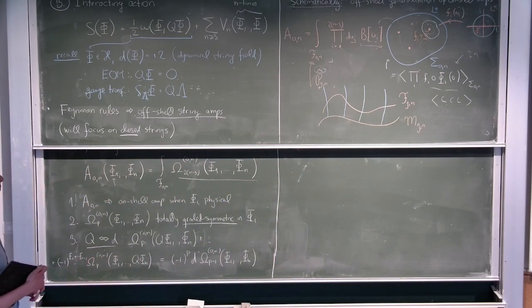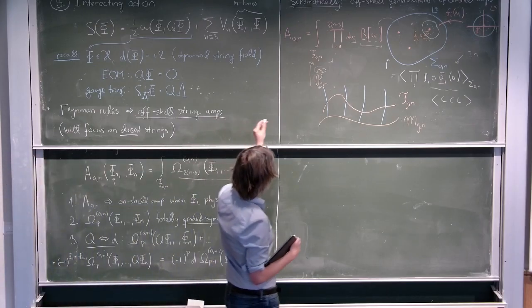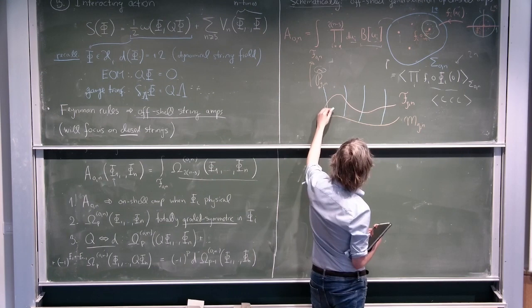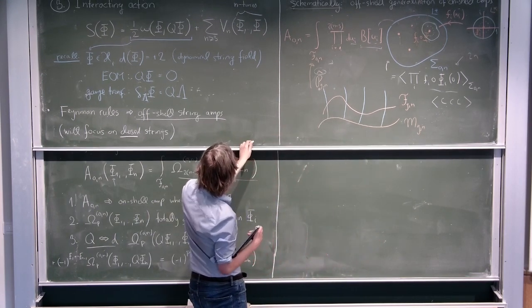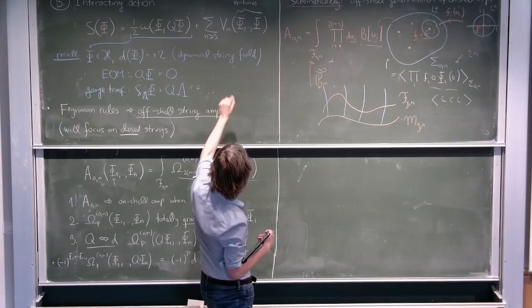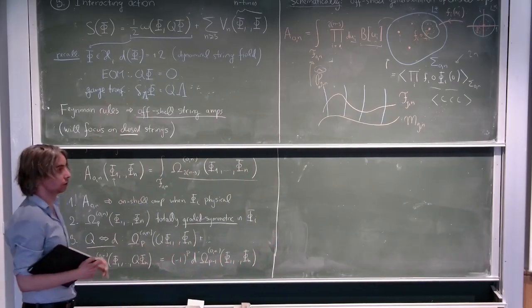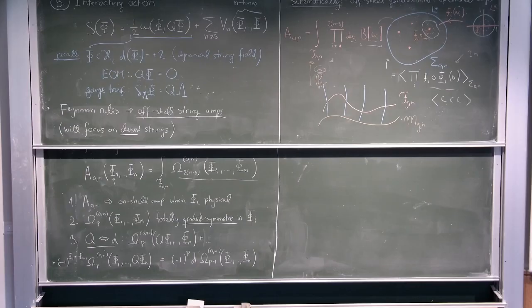So an off-shell amplitude is not an observable object, and that non-uniqueness in the choice of the section is connected to the non-uniqueness of the action, through the freedom of making a field redefinition.